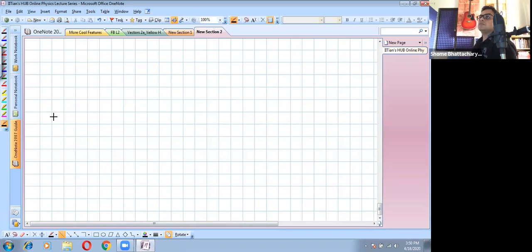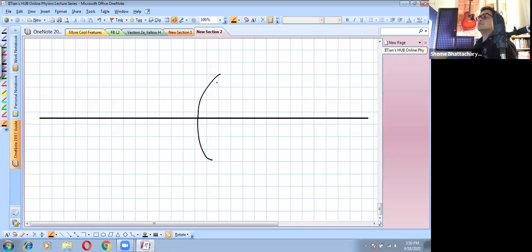So next up, I'm again considering the same situation. This is my mirror, this is my pole. Somewhere here is, let's say, the focal point, and somewhere here is the center of curvature. Now let us consider any arbitrary object which is present somewhere here. So let's consider an object AB, let us.